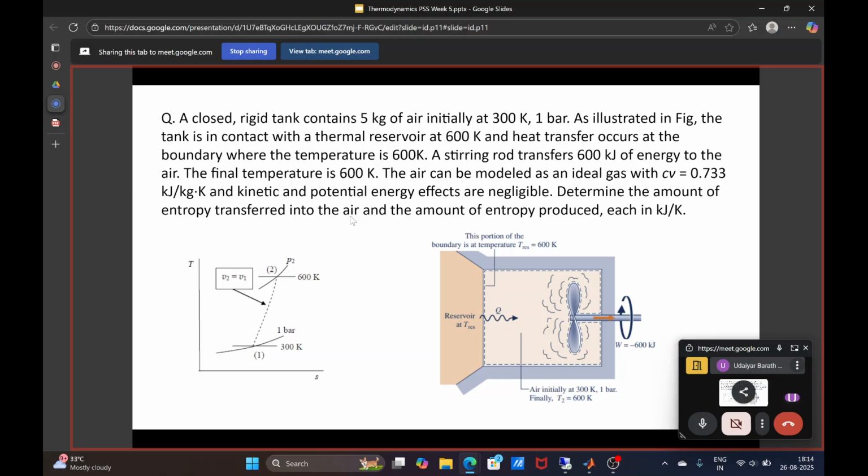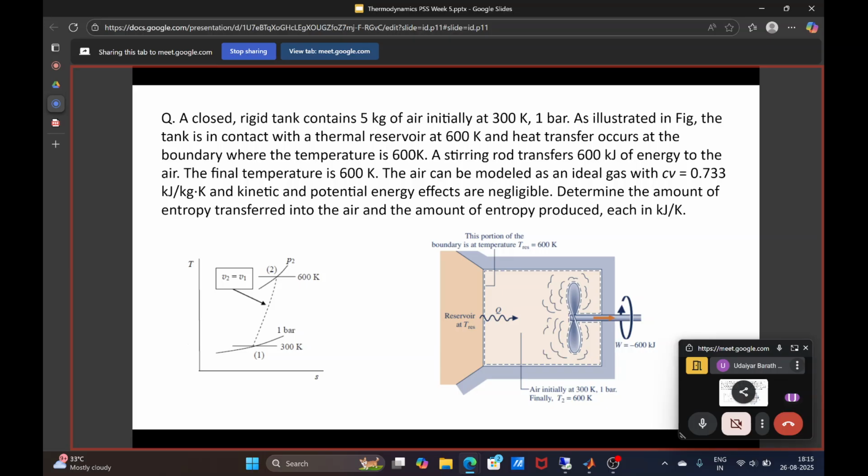So this one is a closed rigid tank containing 5 kg of air initially at 300 Kelvin and 1 bar. As illustrated in the figure, the tank is in contact with a thermal reservoir at 600 Kelvin, and heat transfer occurs at the boundary where the temperature is 600 Kelvin. A stirring rod transfers 600 kilojoule of energy to the air.